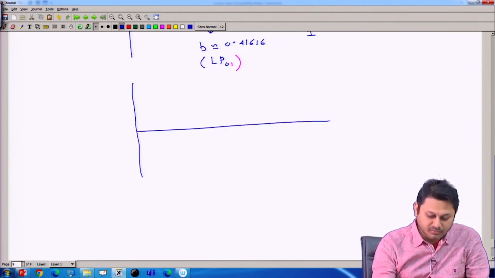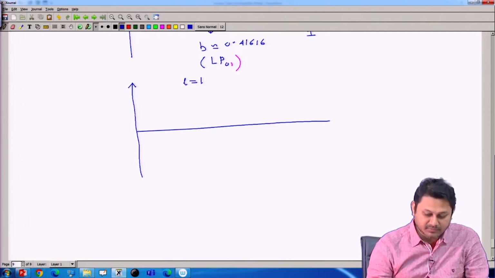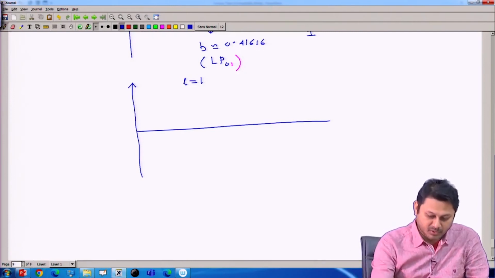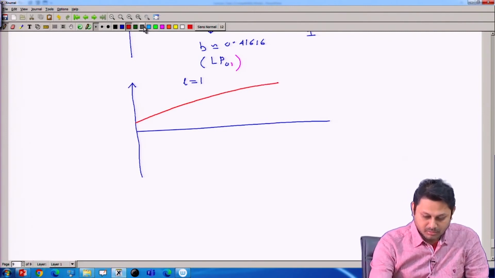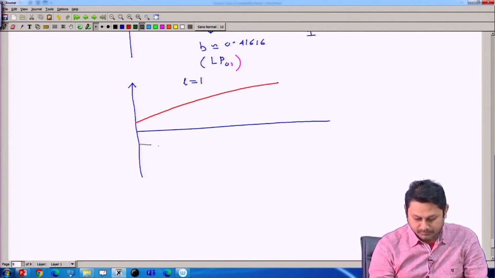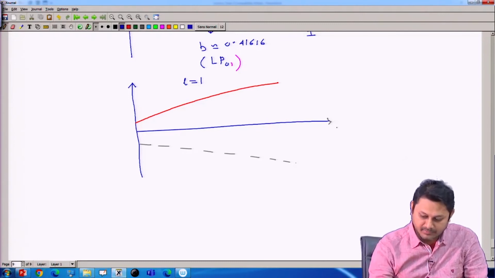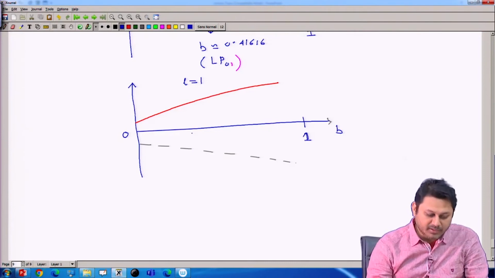Now, for this same V value, if I plot this equation for L equal to 1, initially it was for L equal to 0, now I am plotting for L equal to 1. I am going to have two functions like this. This side I am plotting B, which is restricted from 0 up to 1. And when I plot, there is no cutting point at all.